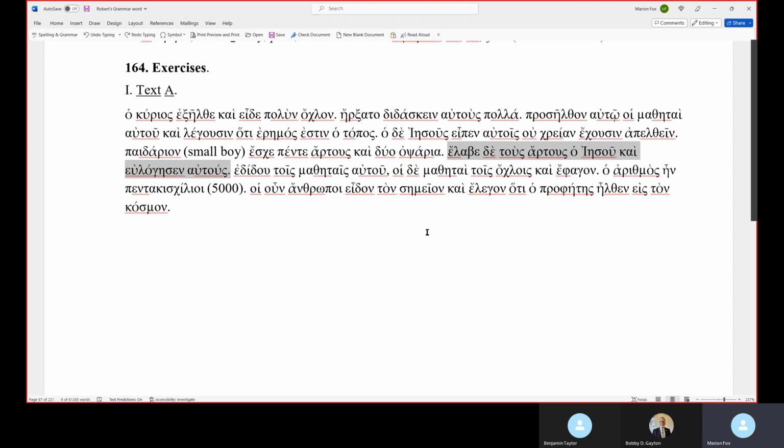Okay, Jesus took the loaf and blessed it. All right, he blessed the loaf. Okay. Eleve de tus artus ho Jesu kai elegeson sin artus. Right?